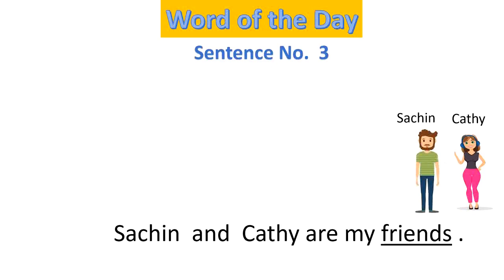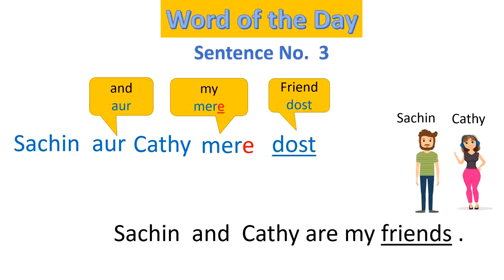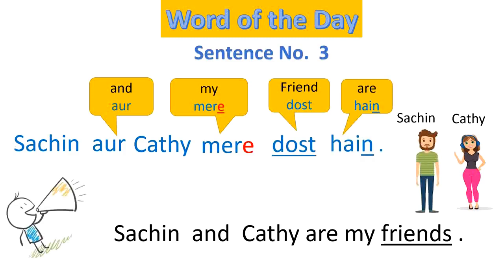So my friends will be मेरे दोस्त. Now the whole sentence in Hindi will be Sachin और कैथी मेरे दोस्त हैं. Speak with me. सचिन और कैथी मेरे दोस्त हैं.